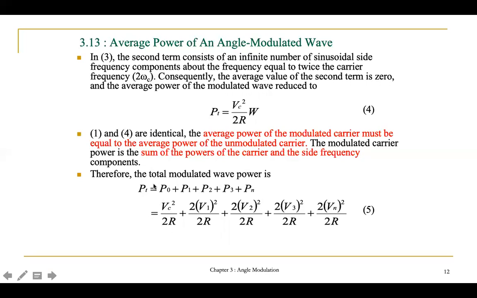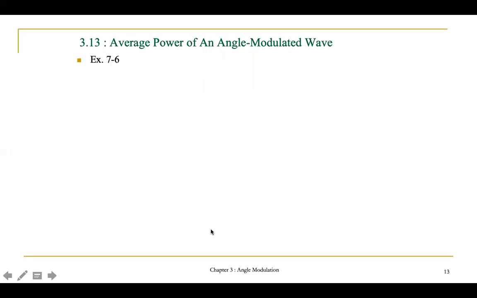So P0 is the carrier power, which is Vc squared over 2R, plus the side frequency, 2V1 squared over 2R, because it's a side frequency, that's why you need to multiply with 2. Then this is the second side frequency, third side frequency, and the nth side frequency. You sum the power, and you get the P total.